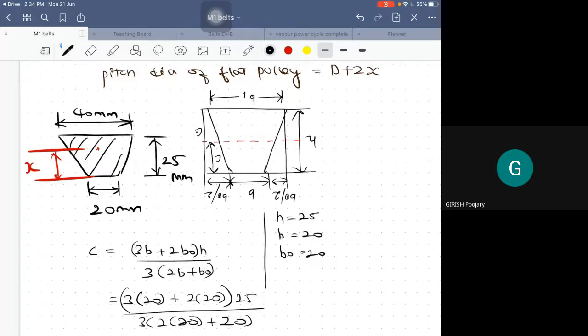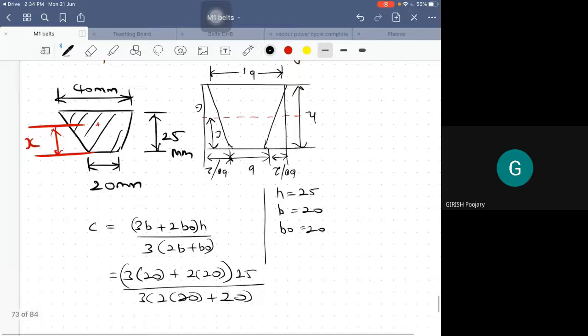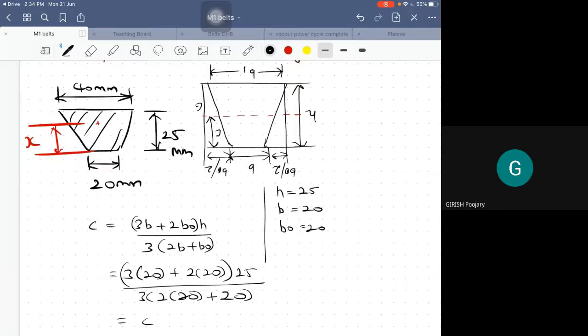So by this, what is the value of C? C is nothing but X here. 13.88.